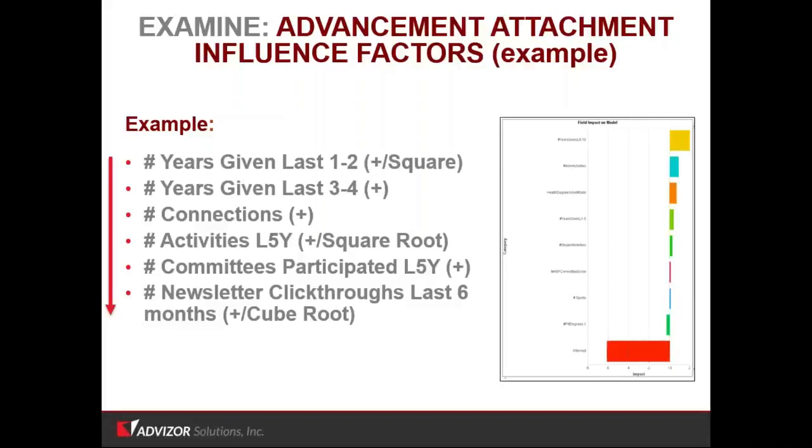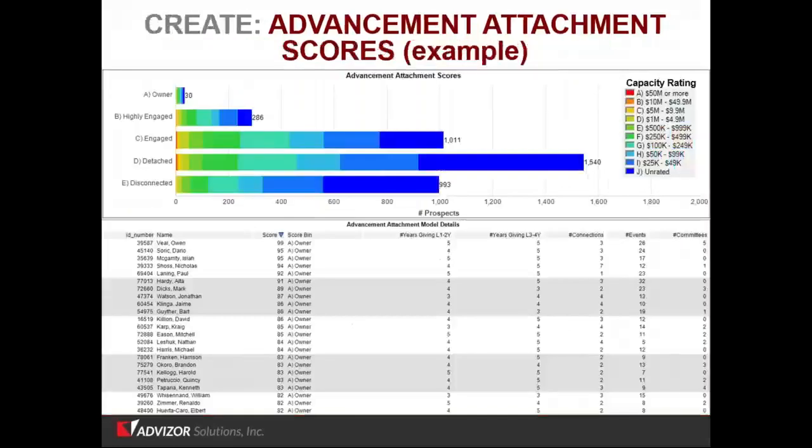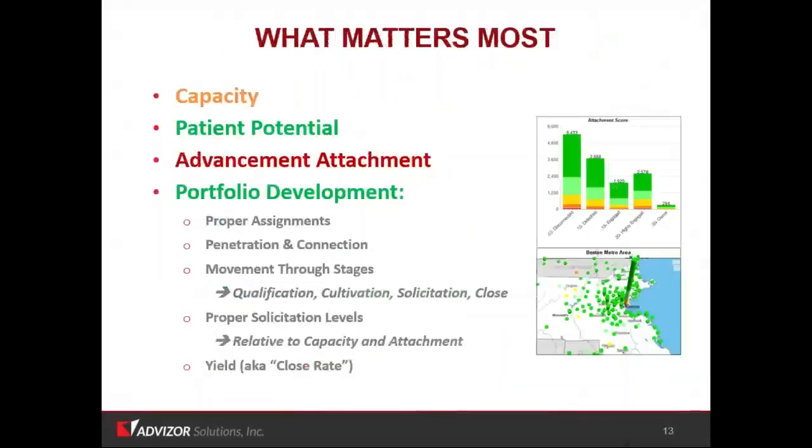Question: how long does it take to do this? Well, let me flip to what this is. The project I showed was about capacity, patient potential, and advancement attachment. That's usually an 8 to 16 week process from when we get access to the data.